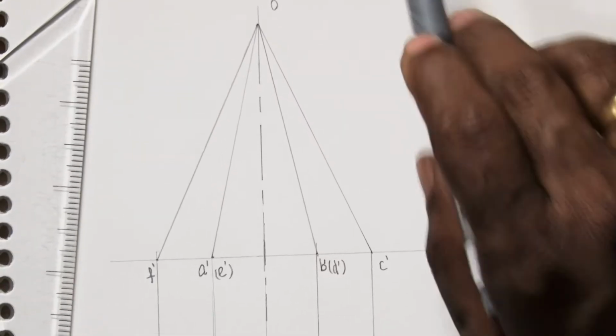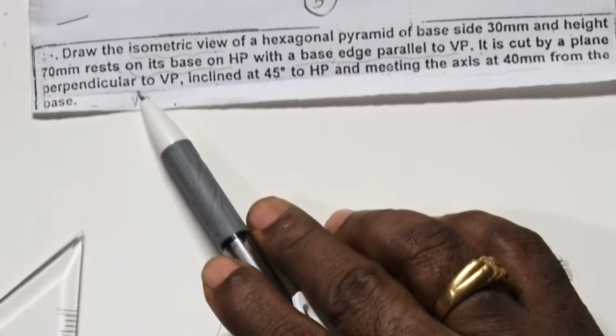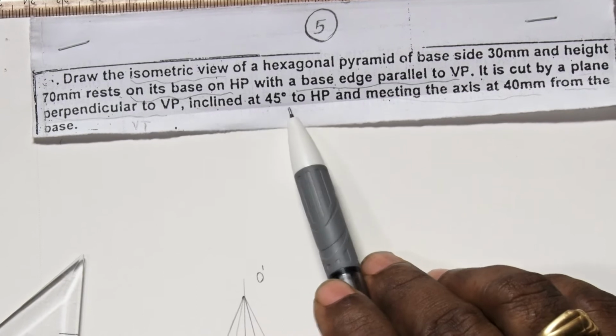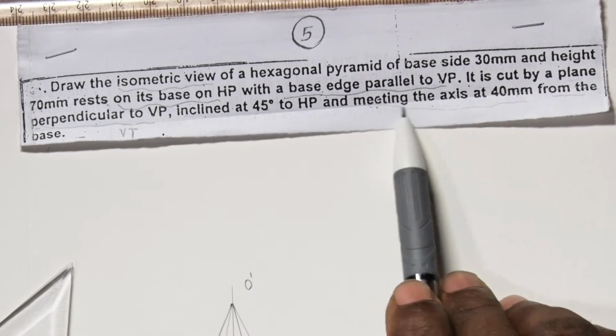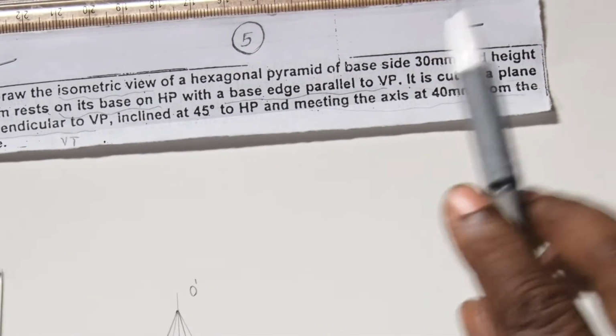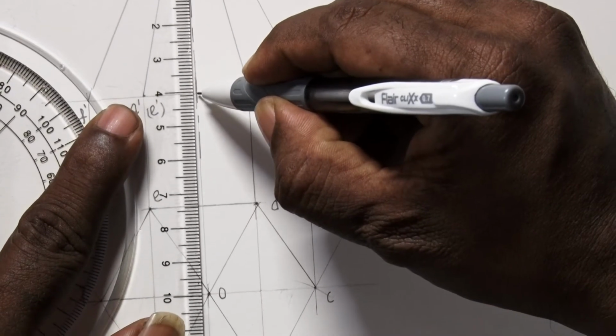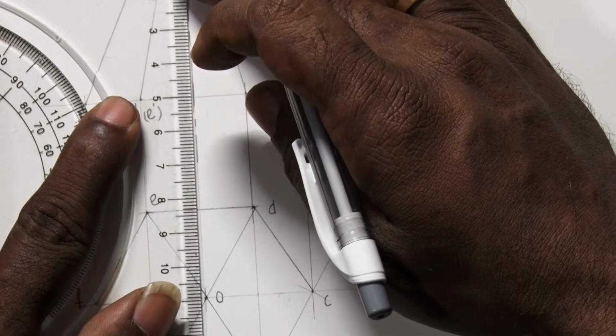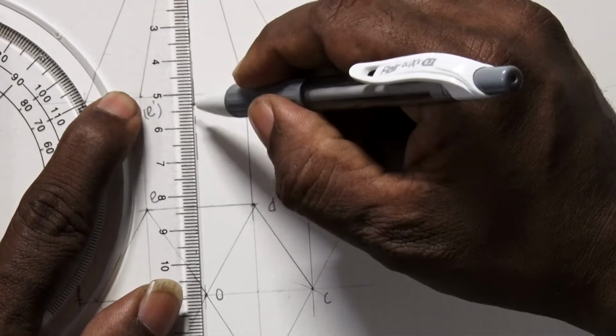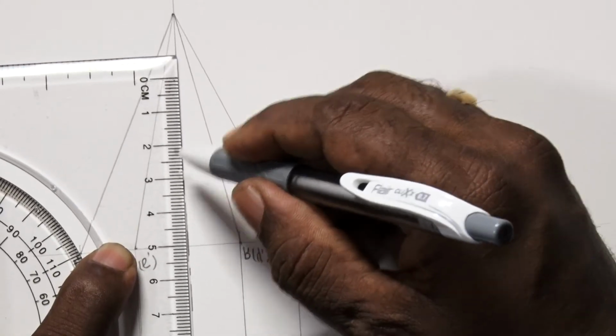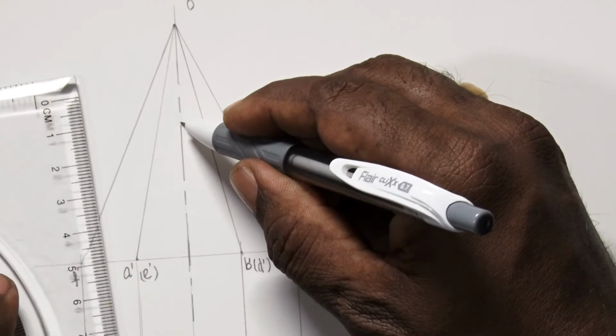Now there is a cutting plane perpendicular to VP and inclined 45 degree to the HP, meeting the axis at 40 mm from the base. So we take 40 mm from the base and locate the cutting plane at this point.